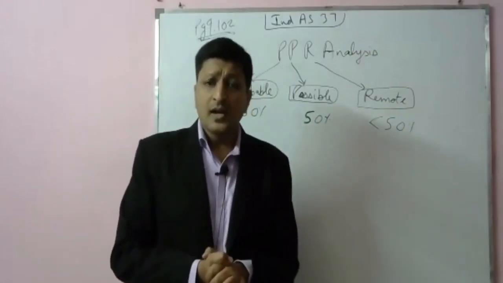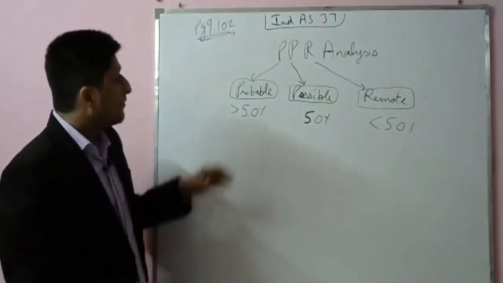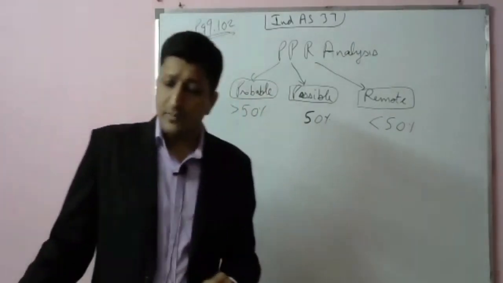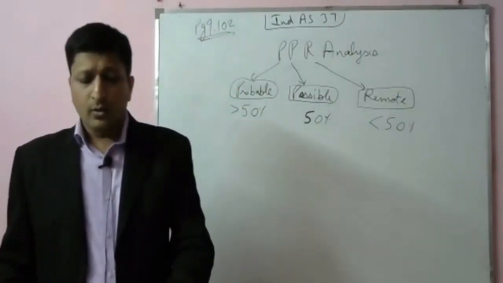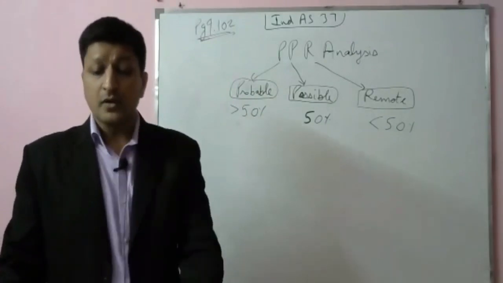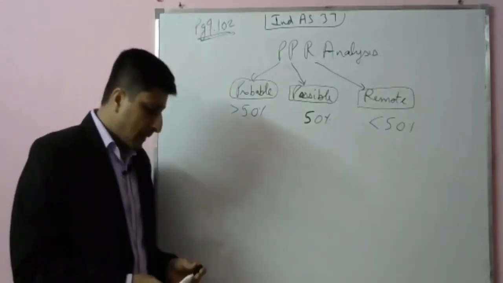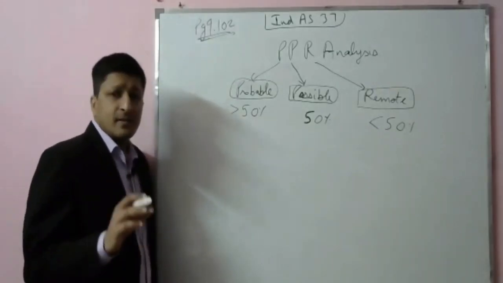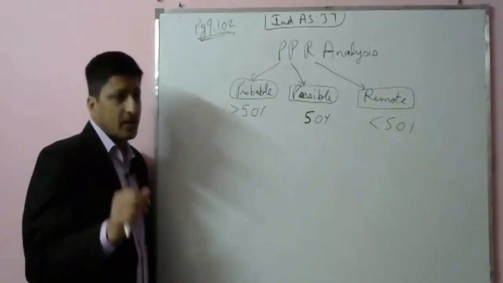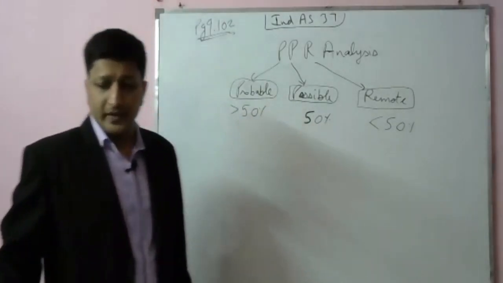So let's bring in one example through which we will try to understand what is probable, possible, remote. Because I'm sure even now you won't have received much clarity about this. Say for example, there's a litigation against the company.